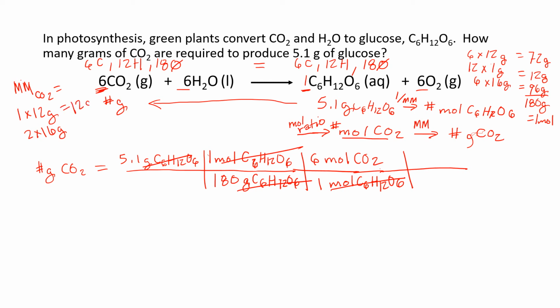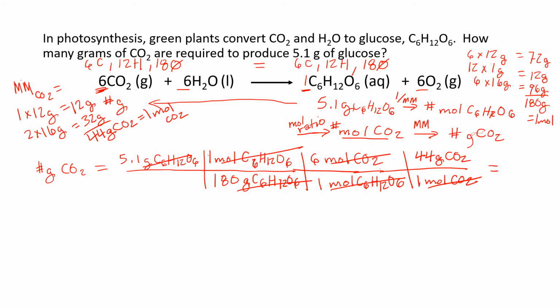So that's 12 grams plus 32 grams, which gives me a total of 44 grams of carbon dioxide, which is equal to what? 1 mole of carbon dioxide. So 44 grams of carbon dioxide is equal to 1 mole of carbon dioxide. So moles of carbon dioxide cancels, leaving me with grams of carbon dioxide.